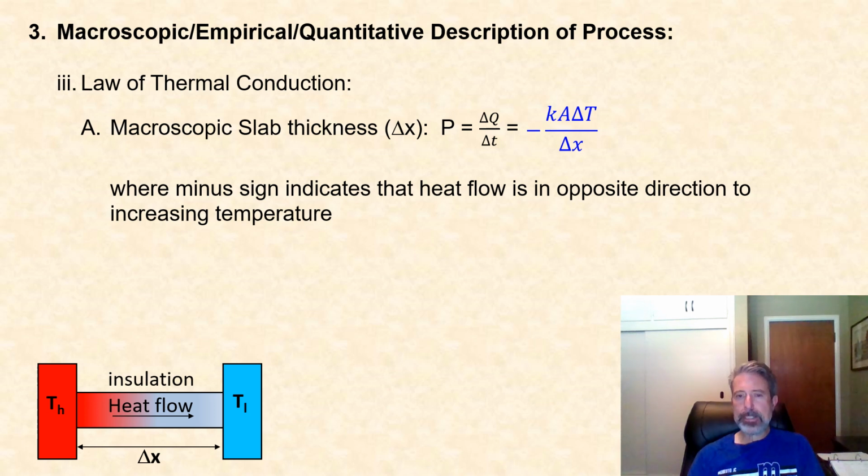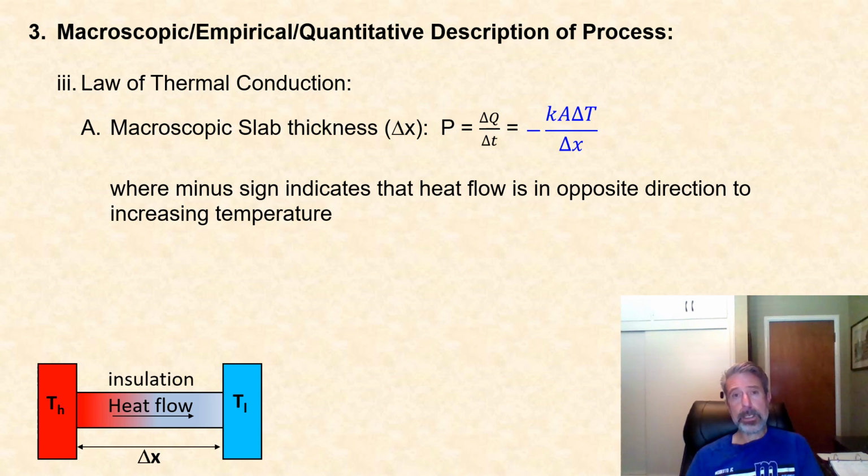Notice that we put the minus sign here. That indicates that heat flow, the direction of the energy transfer, is opposite to the direction of increasing temperature. When we define delta anything, like in this case delta T, it's always final minus initial.